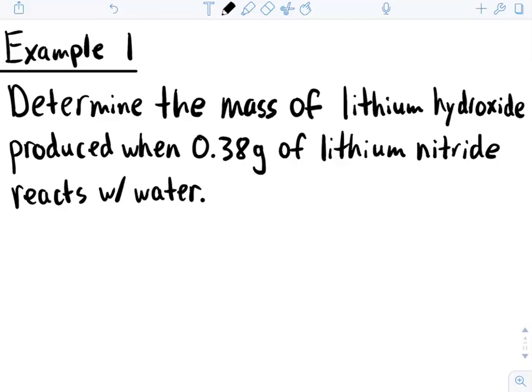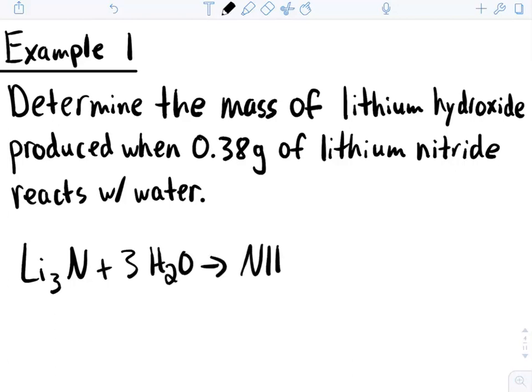And then our equation for this is going to be Li3N plus 3H2O gives us NH3 plus 3 LiOH.